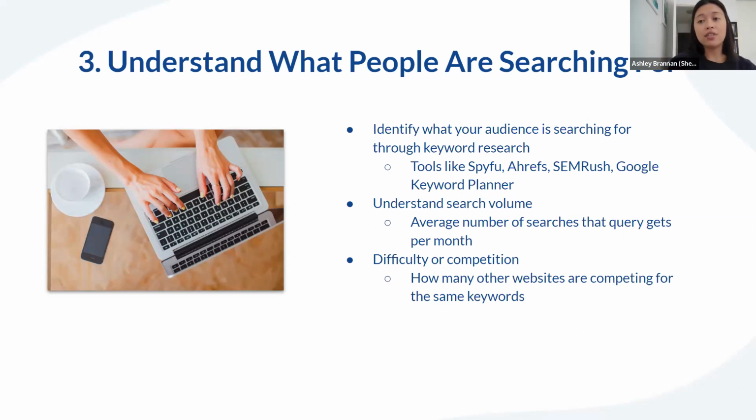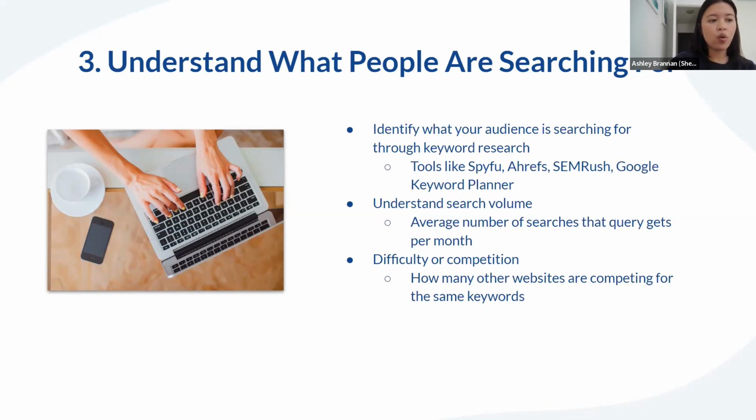So maybe keywords that don't have thousands of searches every single month, but the people searching them are really invested. And also keywords that have high monthly search volume but low competition. So any keywords that do have thousands of searches every single month, but not every single website is trying to go after those same keywords.